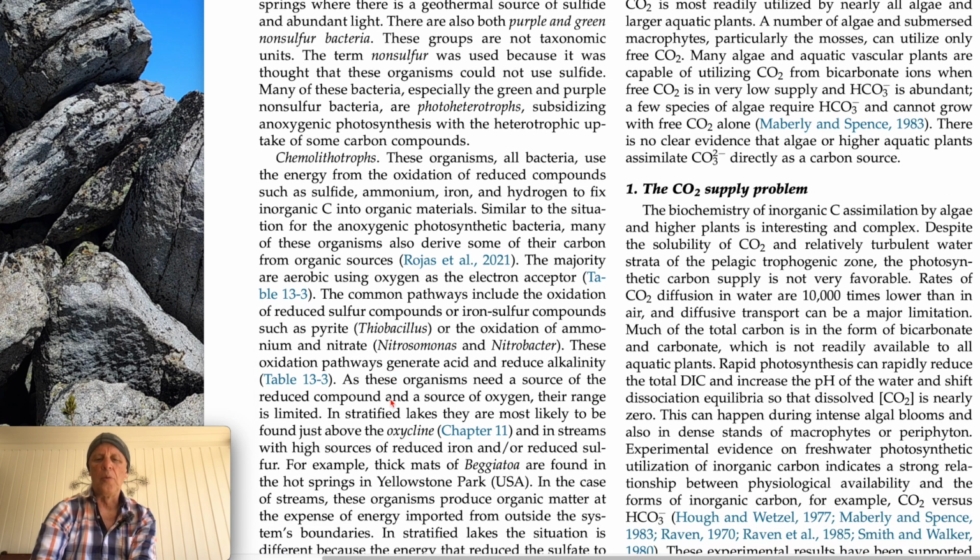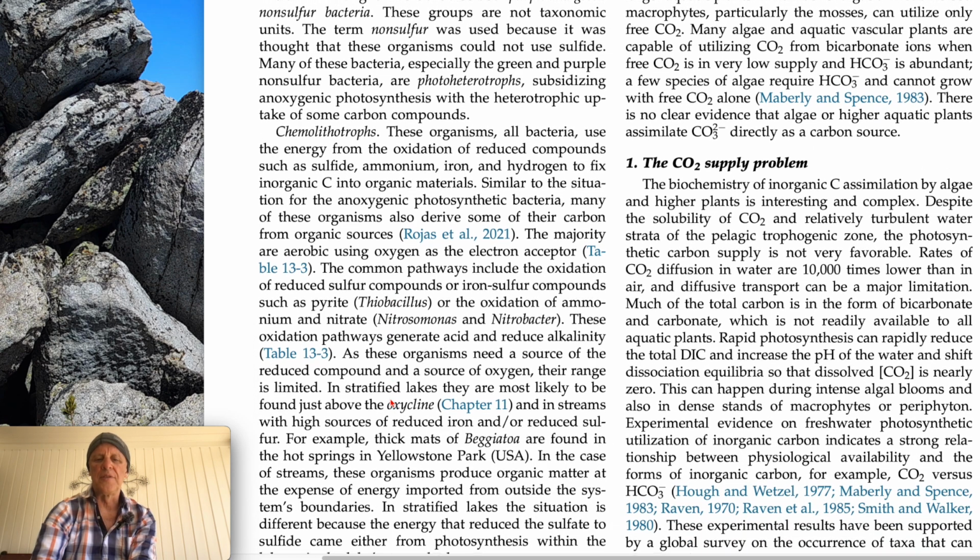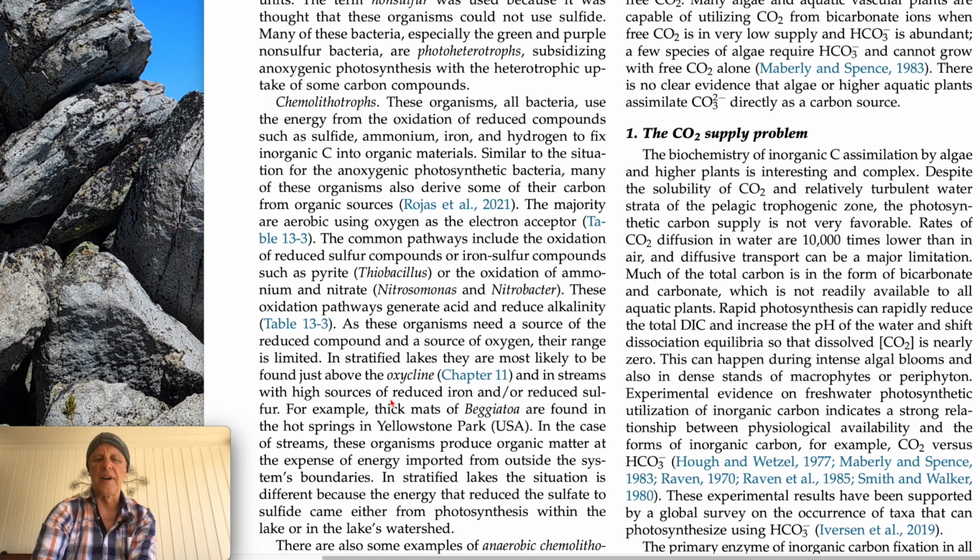These organisms, or bacteria, use the energy from the oxidation of reduced compounds such as sulfide, ammonium, iron, and hydrogen to fix inorganic carbon into organic materials. Similar to the situation for the anoxygenic photosynthetic bacteria, many of these organisms also derive some of their carbon from organic sources.